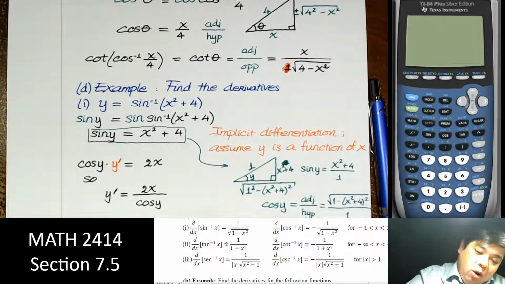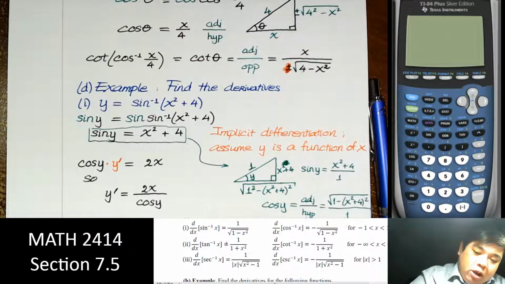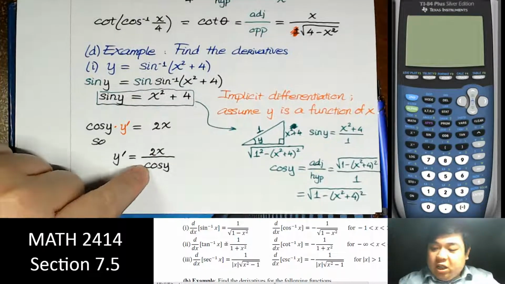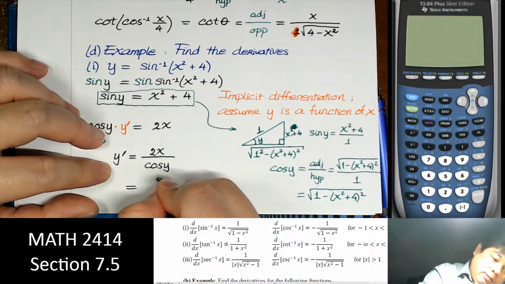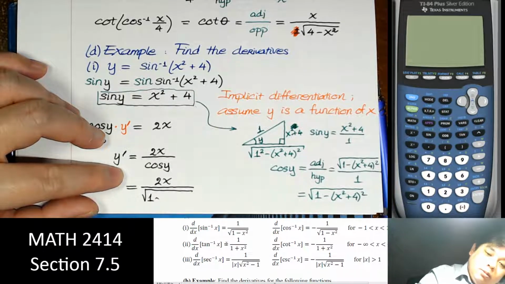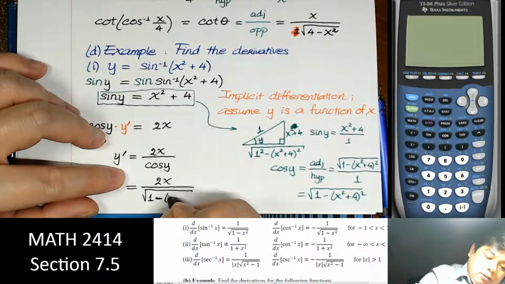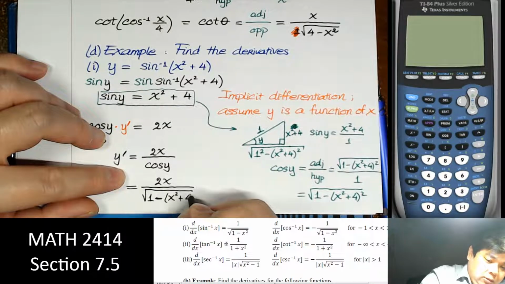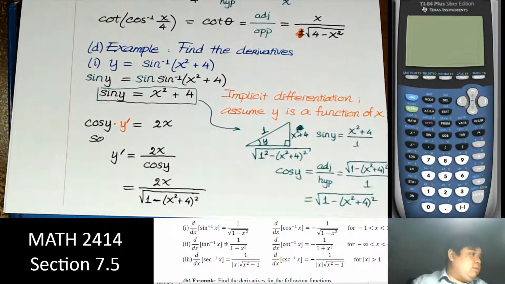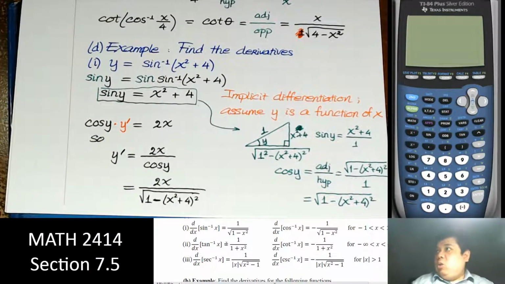So cosine of y is just the square root of 1 minus x squared plus 4 squared. And so we substitute back into cosine of y. That's what we have.